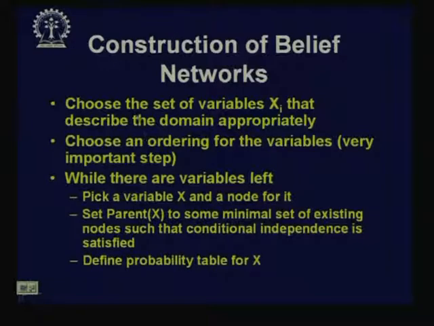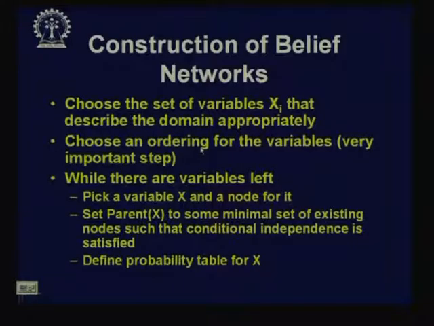So, we choose the set of variables that describe the domain, like malnutrition, goiter, lack of iodine. These are the basic nodes, or for the burglar's alarm you can think of burglary or earthquake, alarm, John calls, Mary calls. These are the variable set that I have to define.